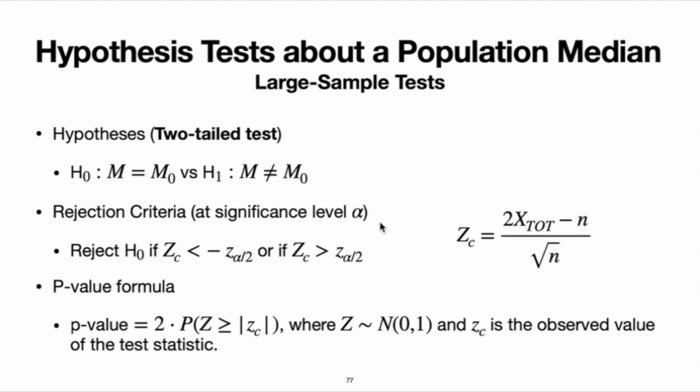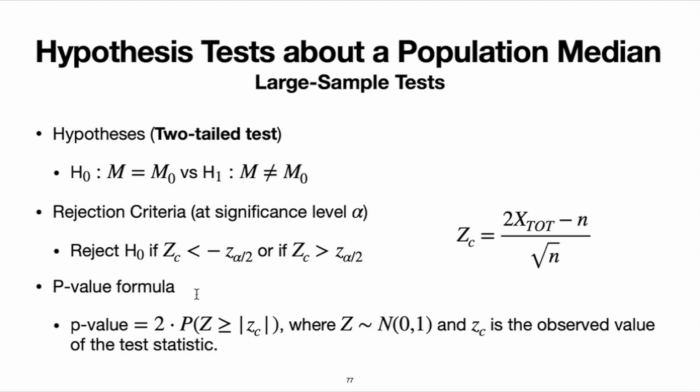Well, again, alpha is the significance level. Now, we do have to keep in mind that zcalc in this context is different than zcalc in the context where we're testing hypotheses about a population mean. In this context, zcalc is calculated as 2 times x tot minus the sample size all over the square root of the sample size.